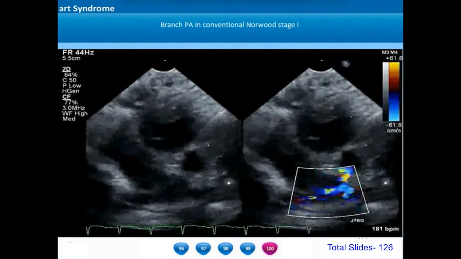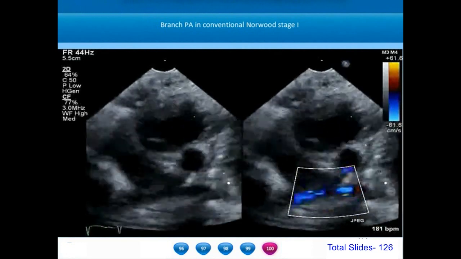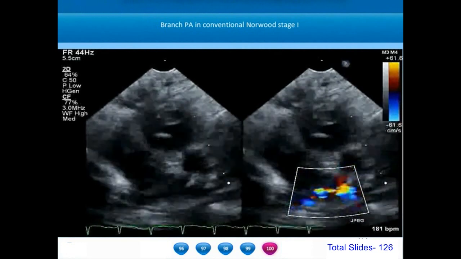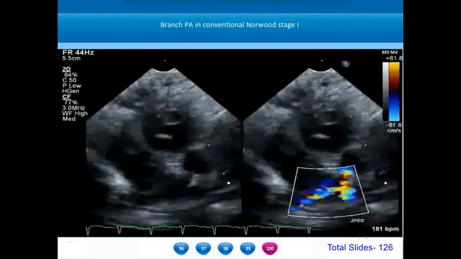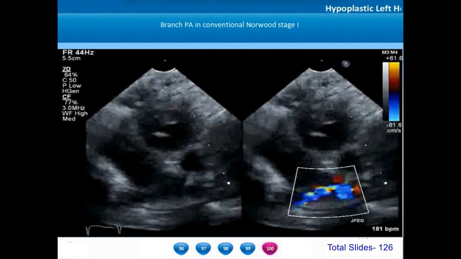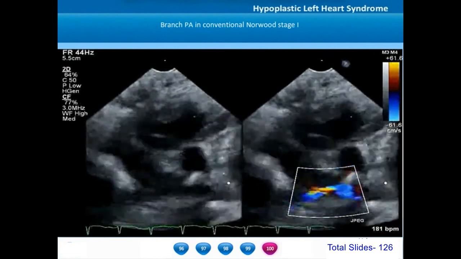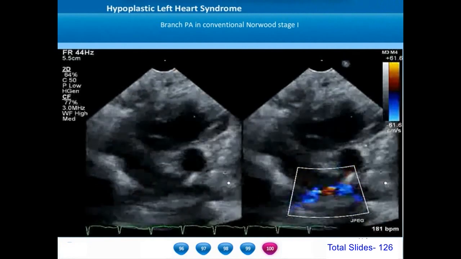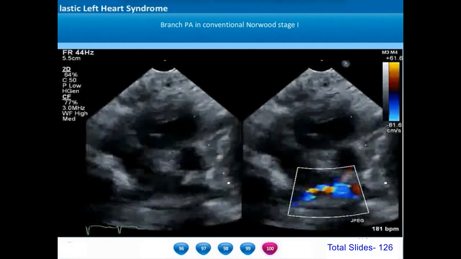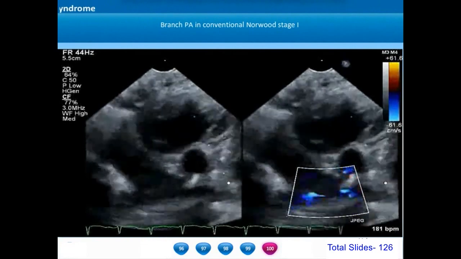This is a short axis view of the branch pulmonary arteries after a conventional stage 1 Norwood surgery. You can see the continuous flow through the BT shunt into the branch pulmonary arteries. Both the right and the left pulmonary arteries are seen, and the distal insertion of the shunt is also seen.